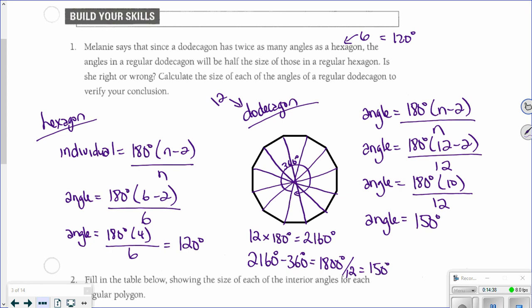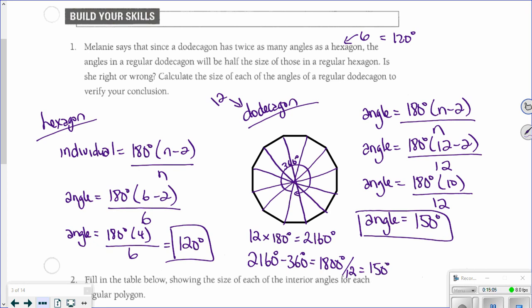Okay, when I compare the interior angles of my dodecagon with the interior angle of my hexagon, even though I've doubled the number of sides, I've not halved the angle measure. That's not how that works. You can't just say, I know the number for 6 is 120, 12 is twice as much, so it must be divided by 2.